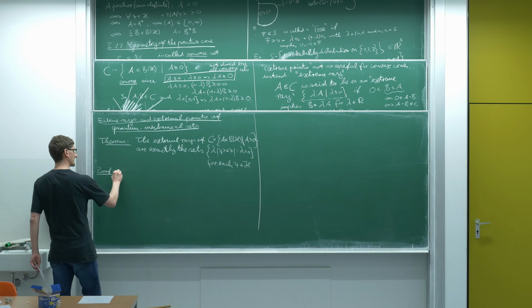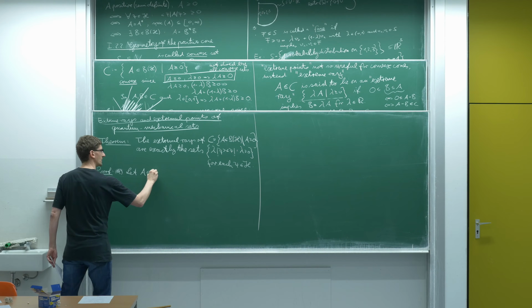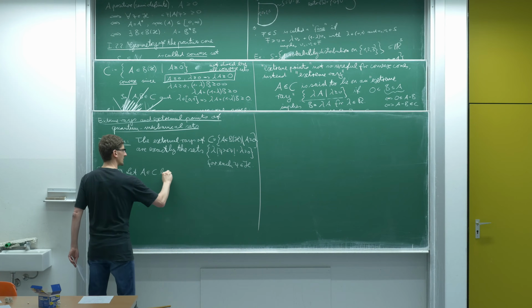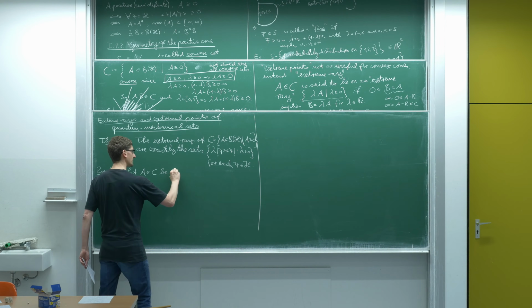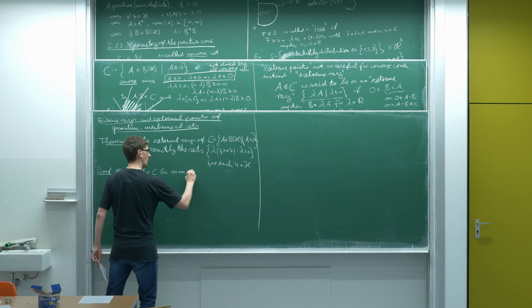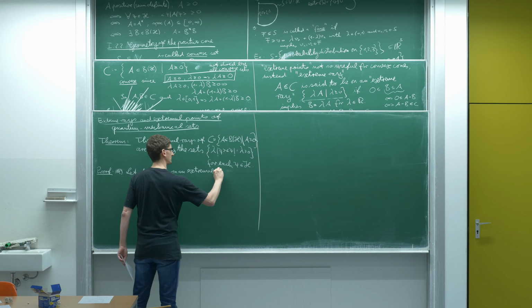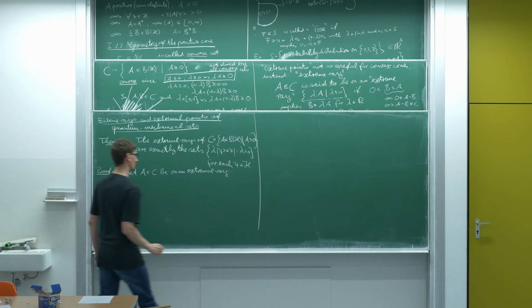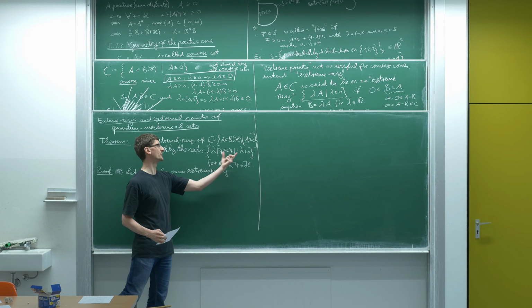So let's say A. Let A element of C be on an extremal ray. Now we would like to show that A can be written in this form for some lambda.